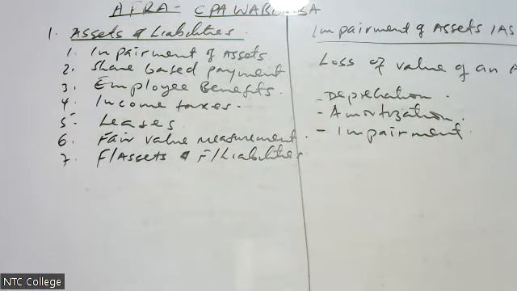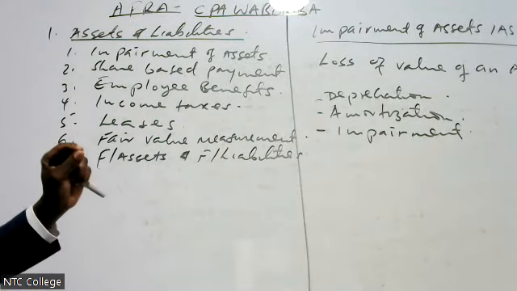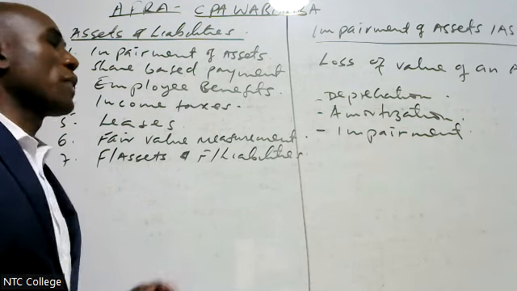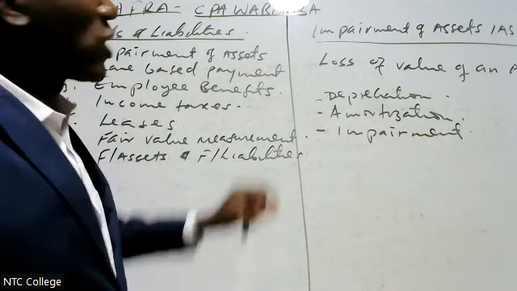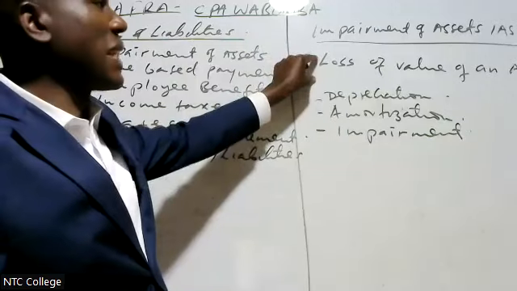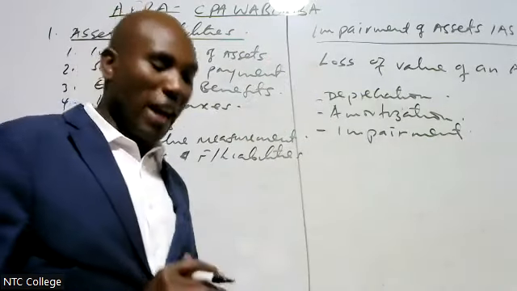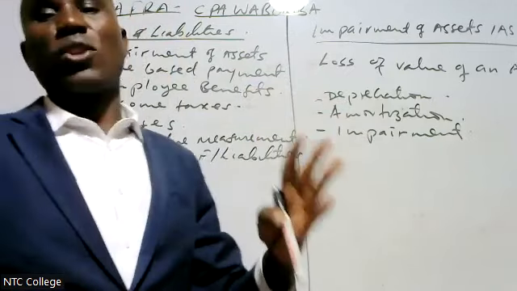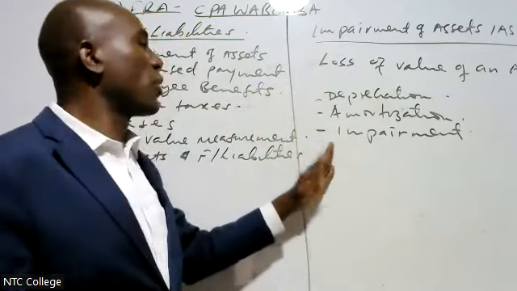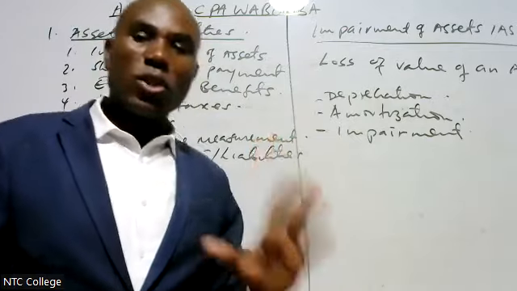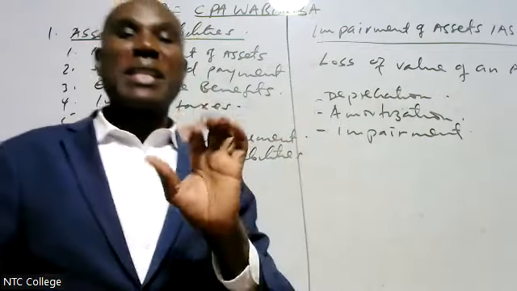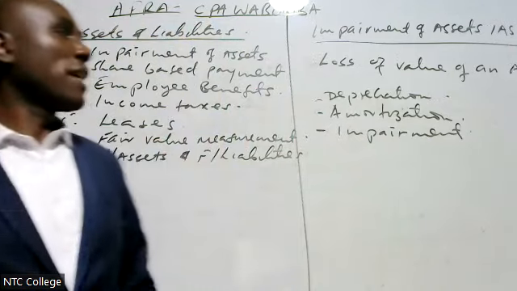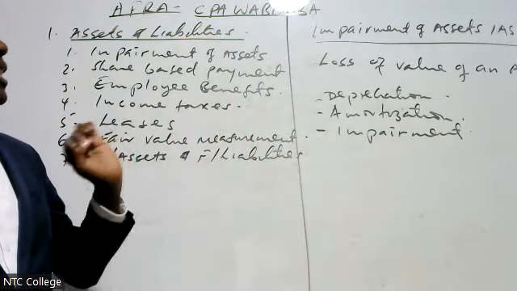When we talk of depreciation, it is also the loss of value of an asset. When we talk of amortization, it is the loss of value of an asset. When we talk of impairment, it is the loss of value of an asset. But now the big question is, where is the difference between these 3 terms?